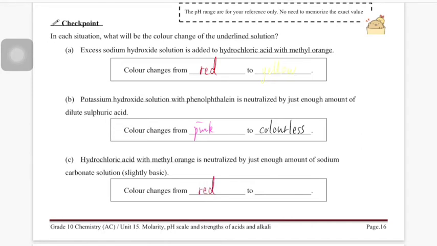And after we add just enough sodium carbonate, it will have a neutralization reaction and the pH should turn into pH 7, and then methyl orange should show a yellow color.